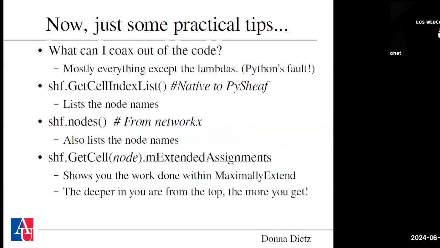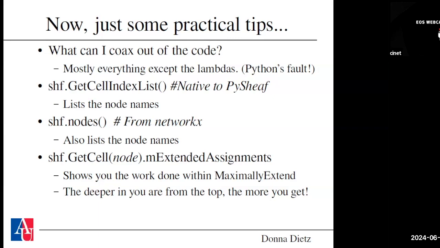All right, now just some practical tips. When you're building stuff, I kept running up against this. I'm typing things in and I'm thinking, I would really like to peek at what I just typed so I can see if I did it right. I mean, I know I could just look at what I typed, but I'd like to have the code echo back to me and reassure me that what I typed is what went in.